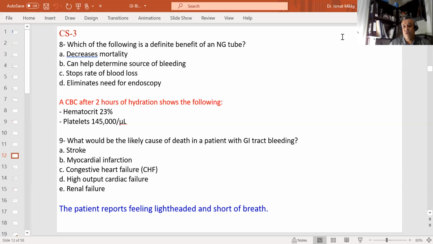Also we can mention something about the NG tube: the problem with the NG tube, besides its discomfort during the insertion, is that the negative lavage will miss about 30% of bleeding, especially if it is in the duodenum. And red blood from the NG tube indicates an upper GI tract source.